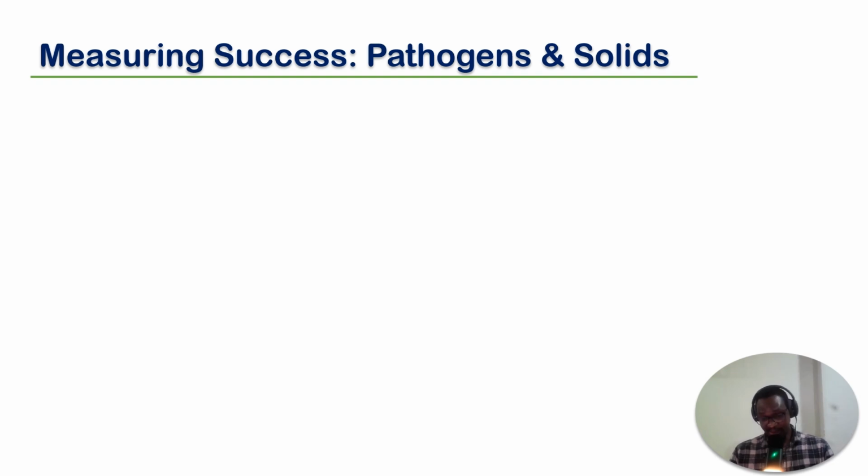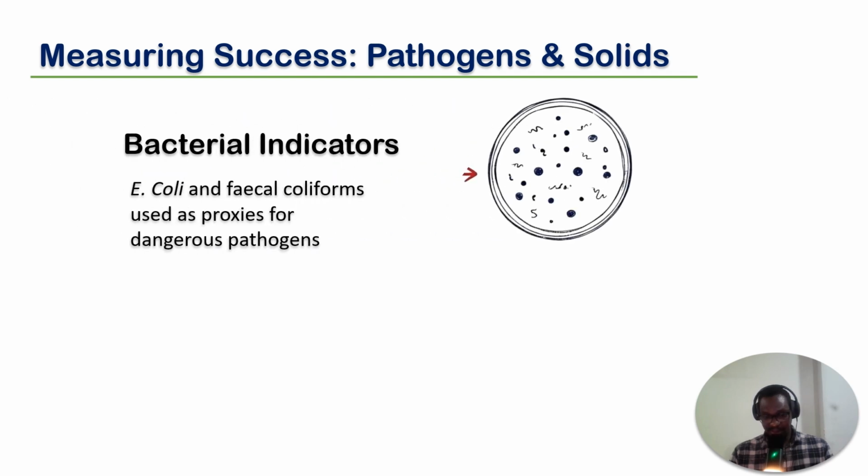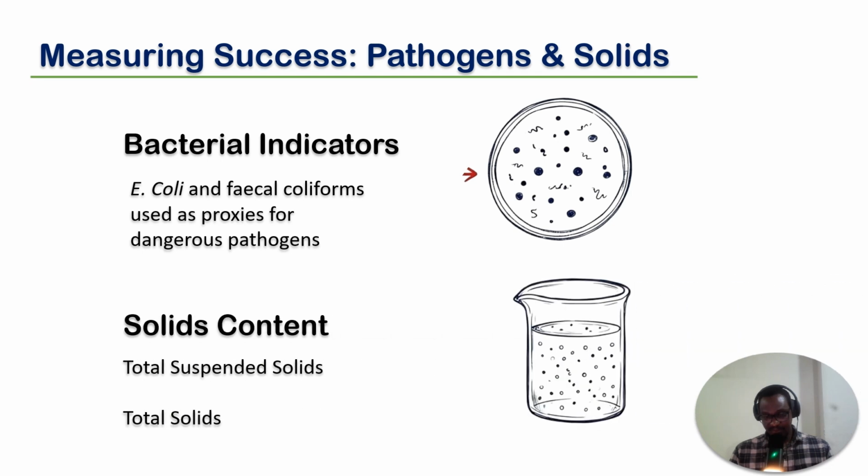Now, how do we measure the success of these goals? The first is to do with pathogens and solids. Here we're looking at bacterial indicators. E. coli is one of the proxies that is used to identify contamination. Dangerous pathogens, here we're looking at those that cause diarrhea, cholera, dysentery.